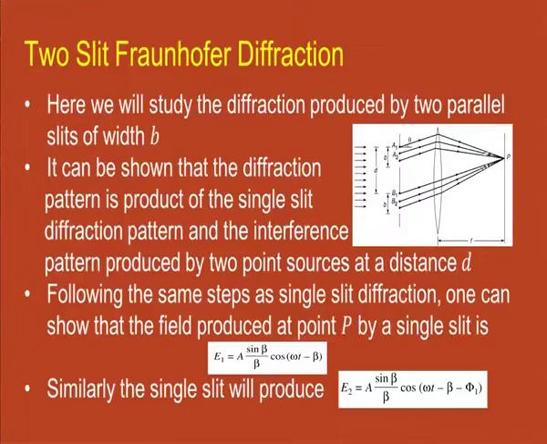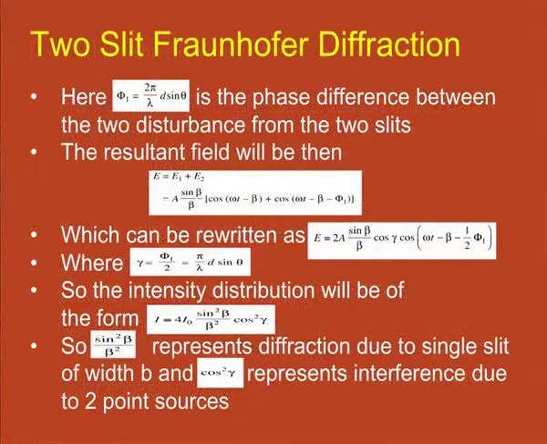Similarly, the second slit will produce E2 equal to A sin beta by beta into cos(omega t minus beta minus phi 1). Here phi 1 equal to 2 pi by lambda into d sin theta is the phase difference between the two disturbances from the two slits.